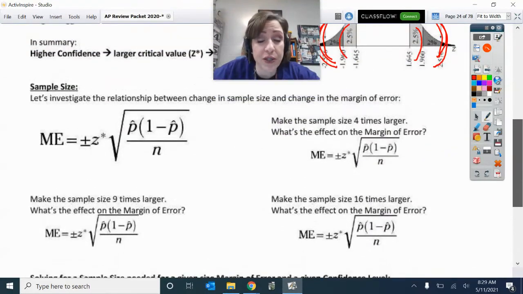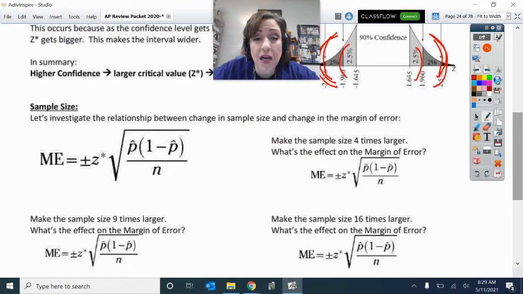Now, you do need to be aware of the numerical component that affects the size of the margin of error and sample size. And so that's, again, we've seen this before, but remember that if I say, hey, let's make this sample size 4 times as big.